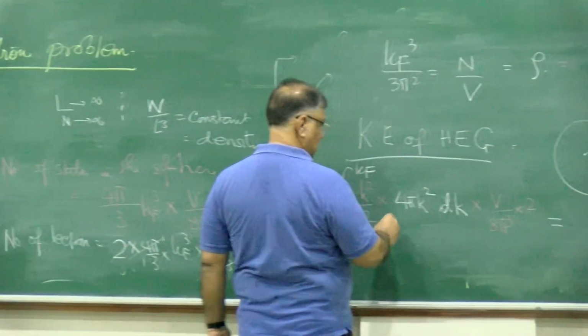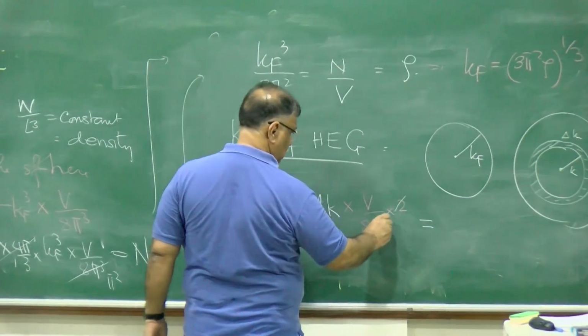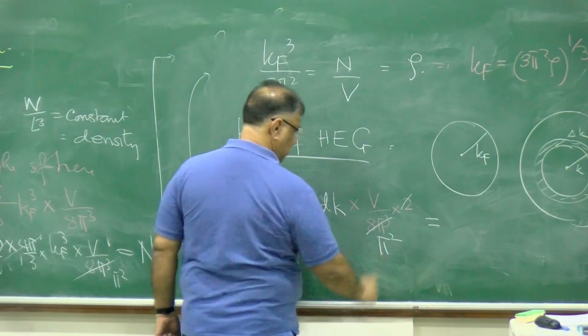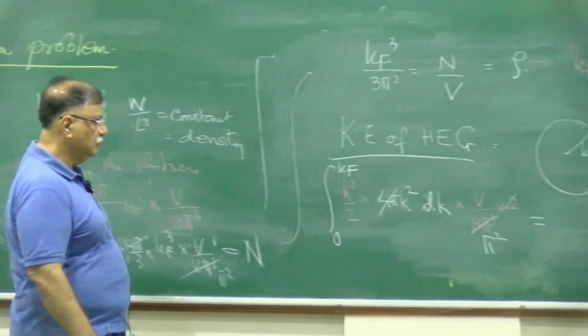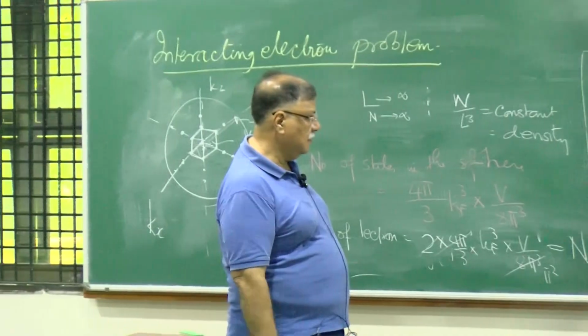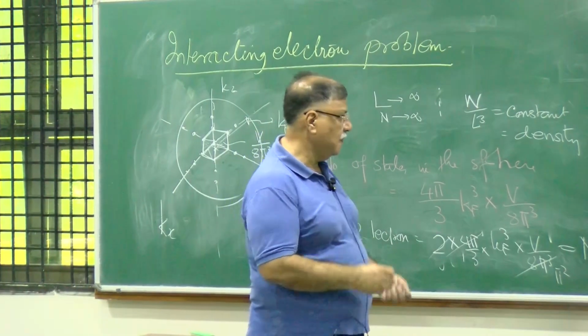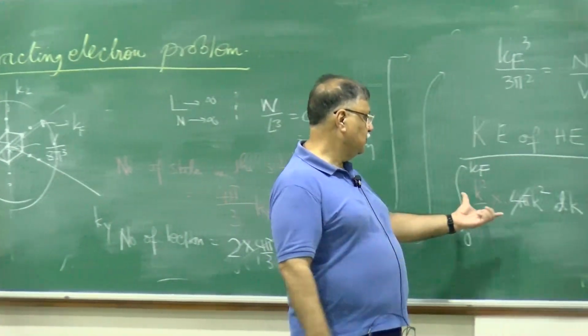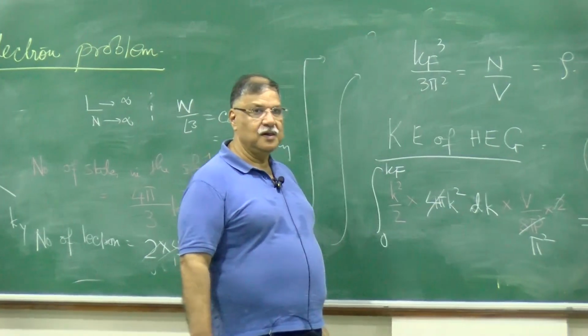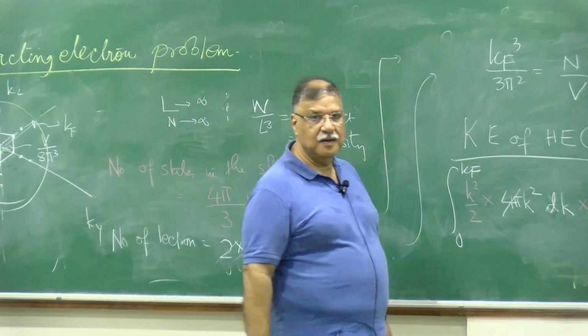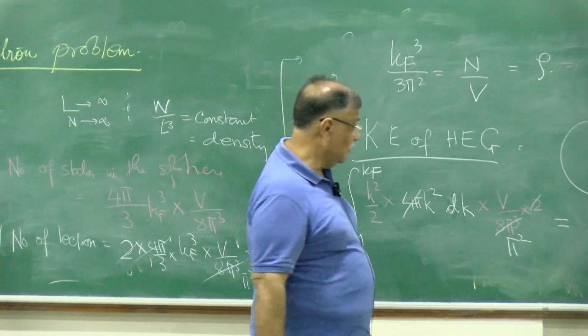So this again, 4 pi times 2 gives you pi square. Let's quickly do that. What is the answer? This is k raised to 4, so what are you going to get? k raised to 5.